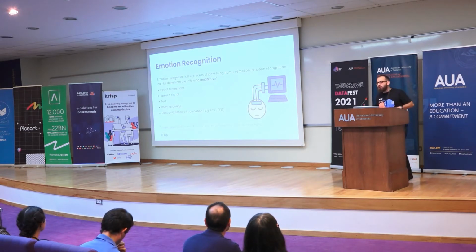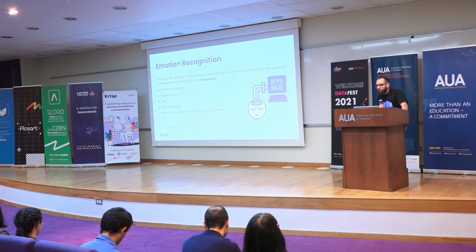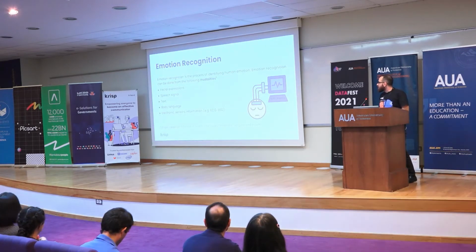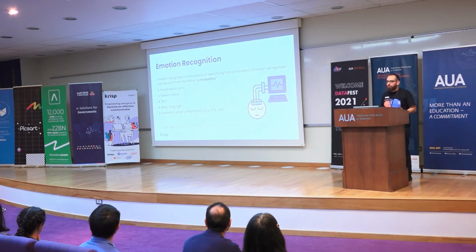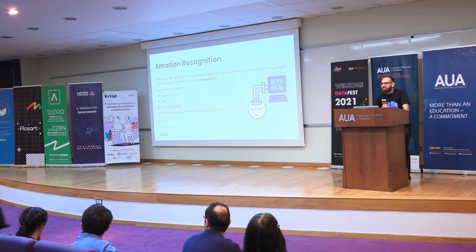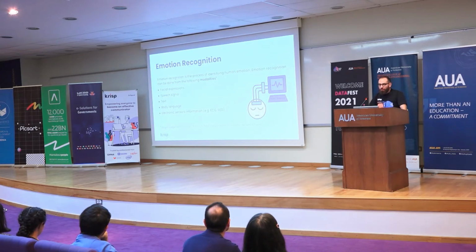So what is emotion recognition? It's the process of identifying human emotion, which can be done through many modalities. First, from facial expressions: when people are happy, they usually smile. From speech signal, how they express their emotions while speaking.